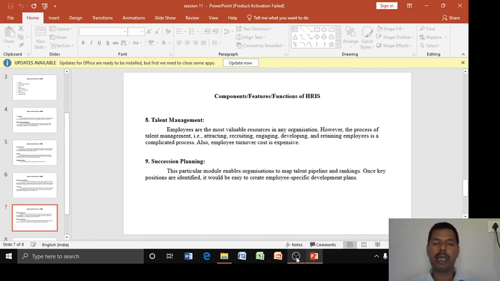Next, ninth one, succession planning. This particular module enables organizations to map the talent pipeline and rankings. Once key positions are identified, it would be easy to create employee-specific development plans.